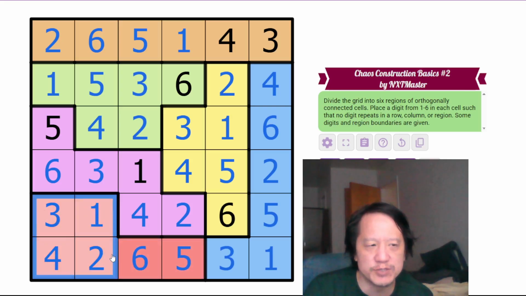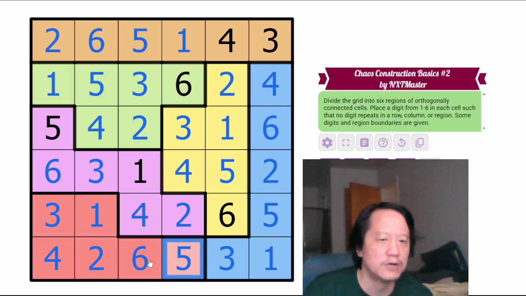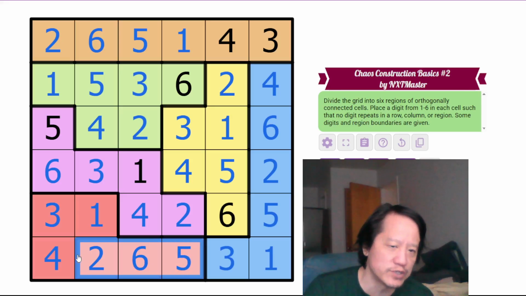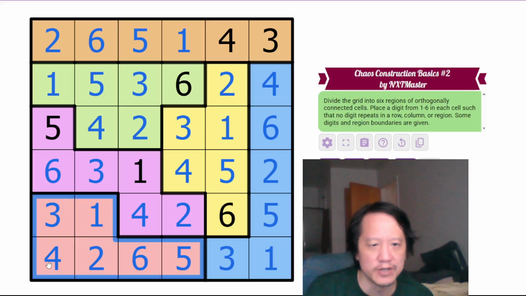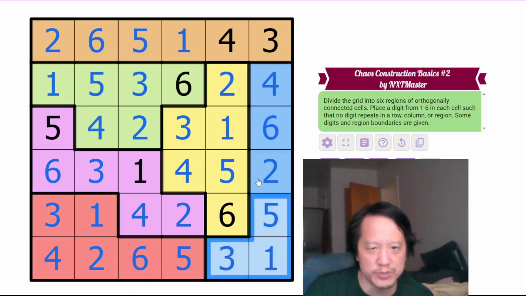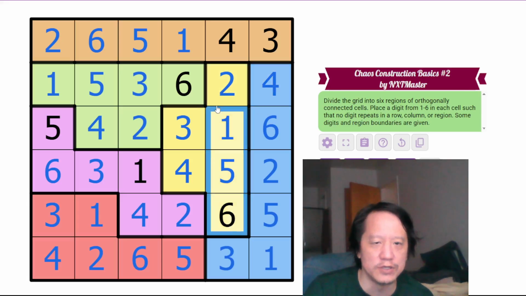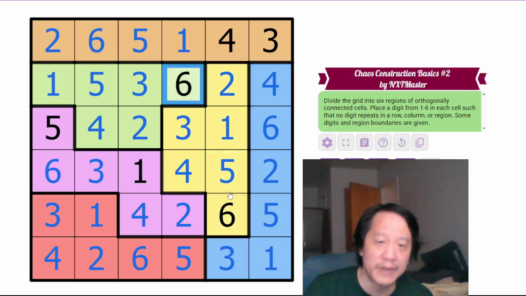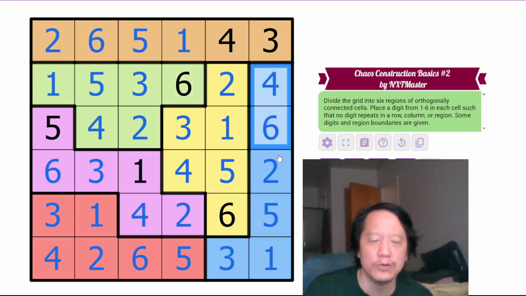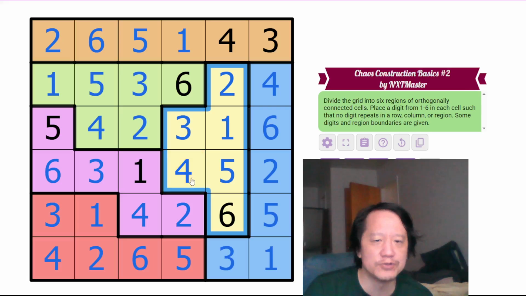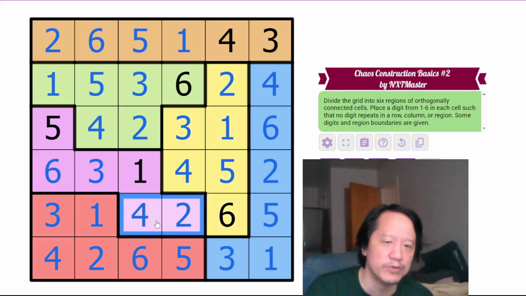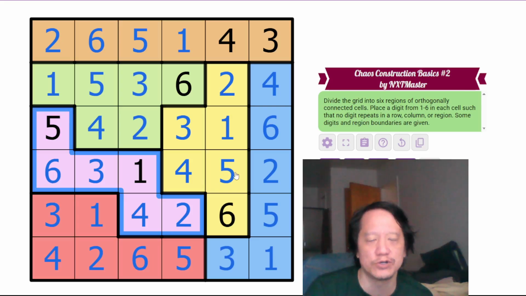This lower left corner specifically restricted that this had to go this way, period, because of the way that the boundaries were set up. And that forced this to go in this direction. And then you could go in one of these two directions, but this cell was in a different region, so you were restricted in where you could go here by the 6 and by where blue could be. So that restricted where this could go, and we knew this was a different region, so that restricted where it could go.